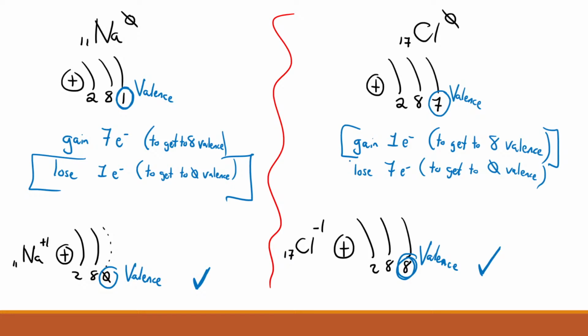Now the question becomes, what happens to this lost electron? Sodium had 11 electrons, got rid of one, but sodium can't just pull out an electron and throw it into the ether.